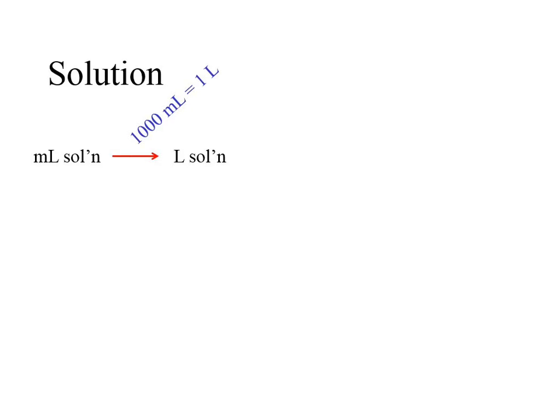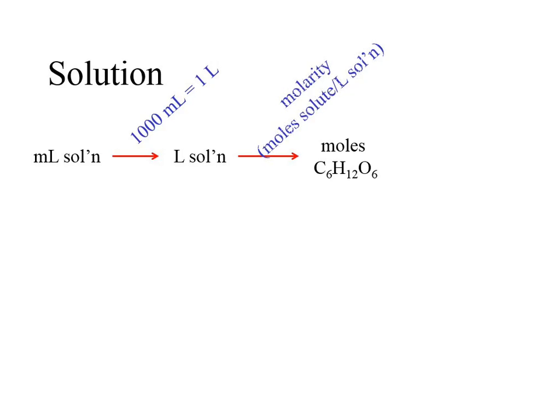Then we can use the molarity to get from liters of solution to moles of glucose, and then we're after grams of glucose, so we can get from moles of glucose to grams of glucose using its molar mass, the molar mass of C6H12O6. That's exactly how we're going to work this.